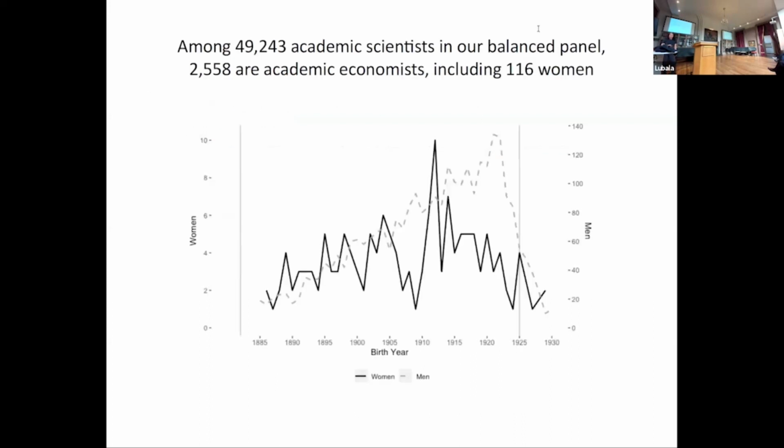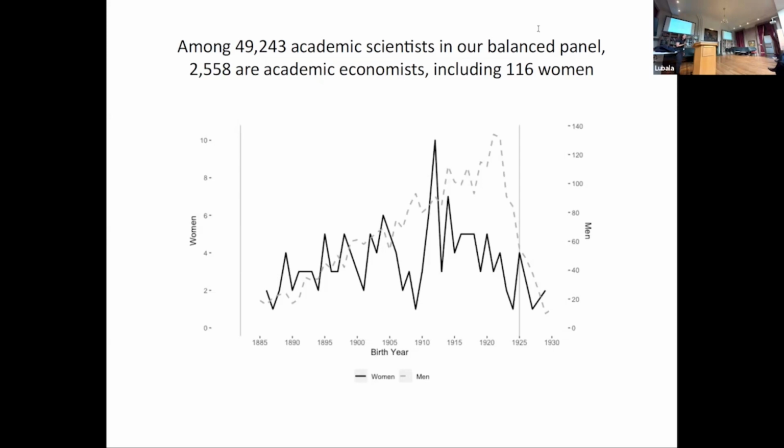And so now I'm going to show you a little bit within that. We want to look at economists. This is the data that we have for economists in this specific context. We have about 50,000 scientists in the academic panel, and 2,600 of them are academic economists.